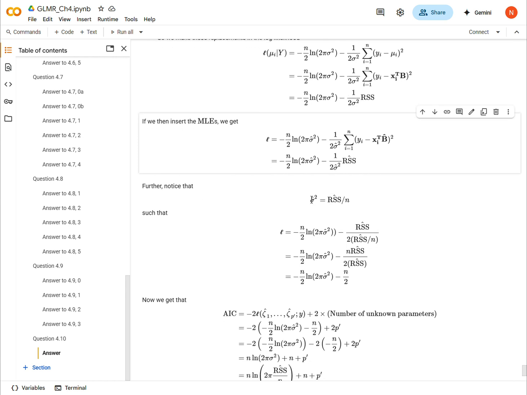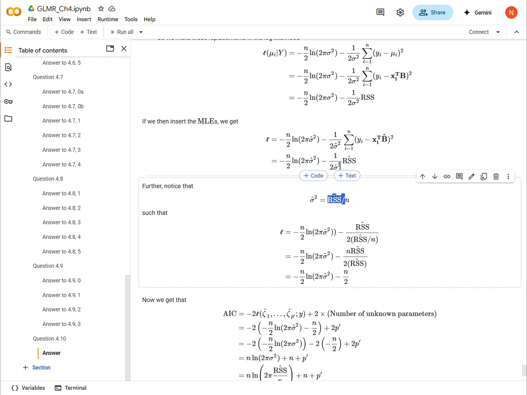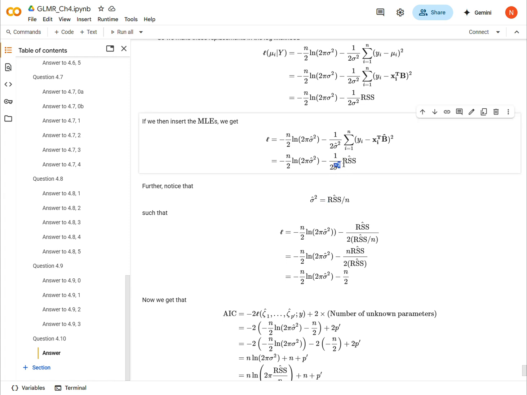Now also notice that sigma hat squared is the residual sum of squares divided by n. That is our estimate for sigma hat squared. So that means I can plug this in whenever I see a sigma hat squared. I do that for this term over here, but not for here, just for ease of notation for a little bit. But eventually we will switch this to the RSS divided by n. It just gets a little bit muddy.